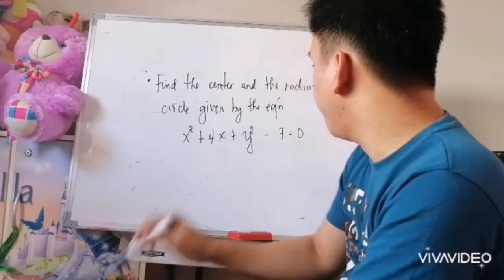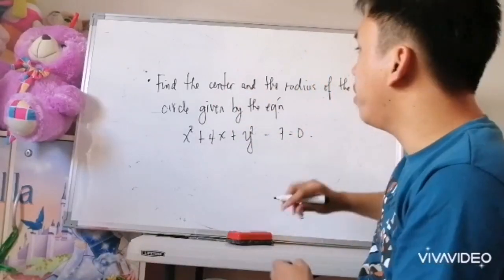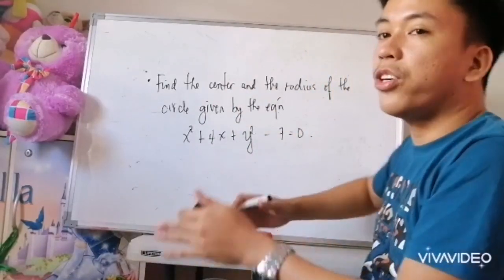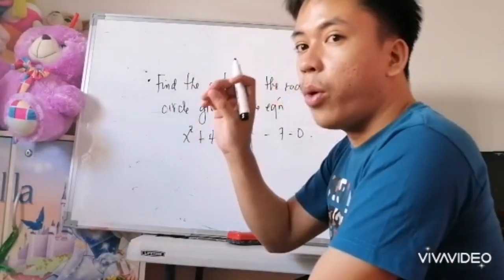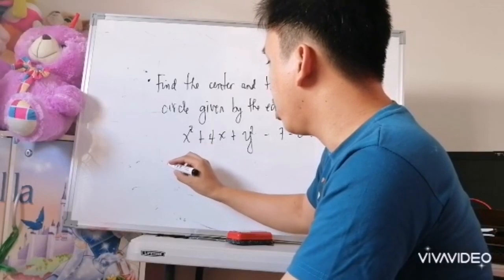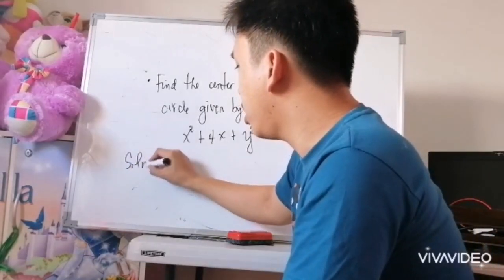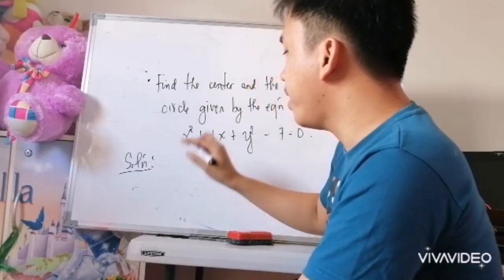So this is now the problem. Find the center and the radius of the circle given by this equation. In order for us to solve this, we're going to rewrite this equation. Solution.